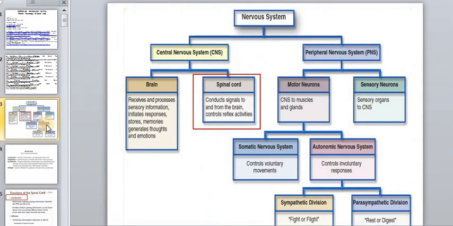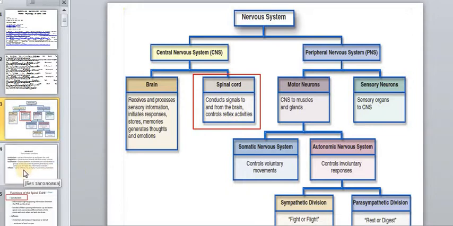Let's start. We will return again to the slide that shows the structure of the nervous system. We have already considered the periphery part of this slide, and now we are moving to the central part, the central nervous system, and here we are now at the spinal cord.